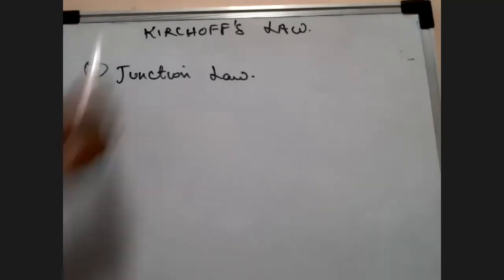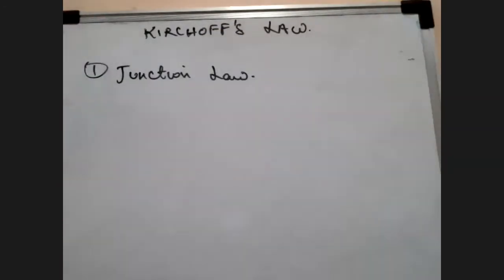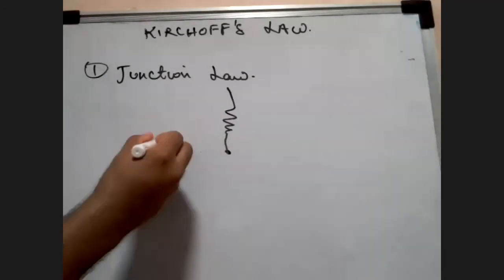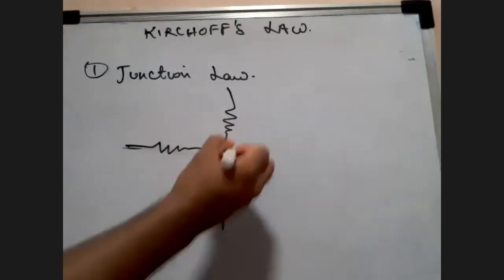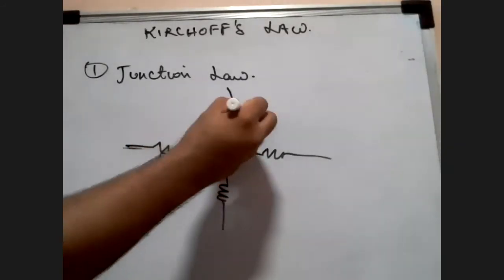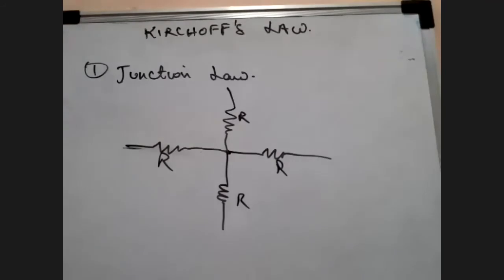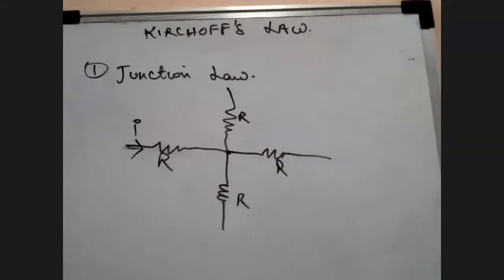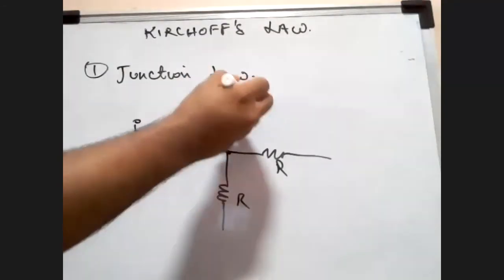So what does this law state? What does the junction law state? It simply states that if there is a point of intersection in a circuit, and there is some certain current I passing here, let's call that I1, and another current passing here, I4.